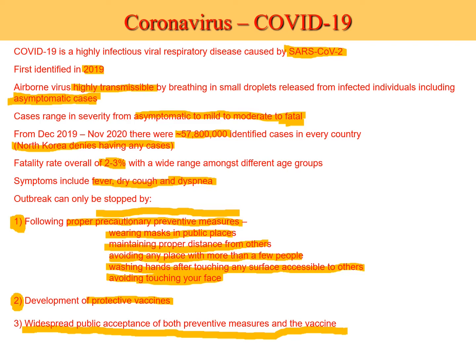If the public does not accept them, does not follow these recommendations, and people don't get vaccinated, then there will be more and more cases, and unfortunately people will suffer.